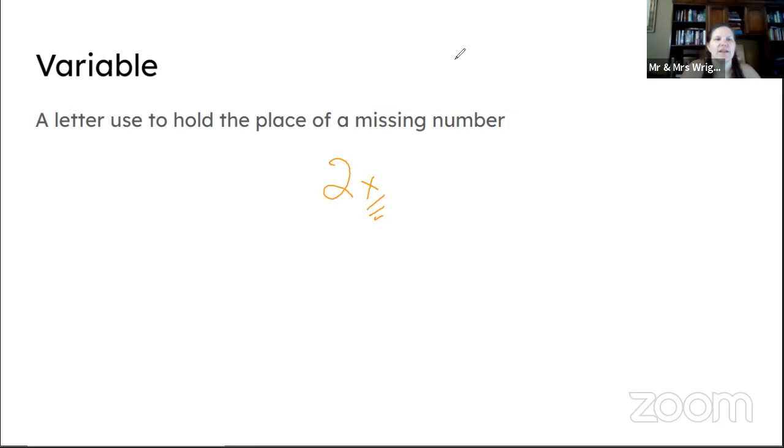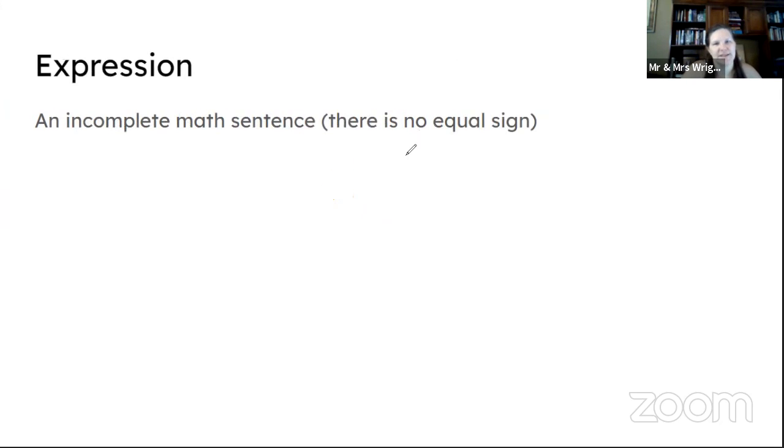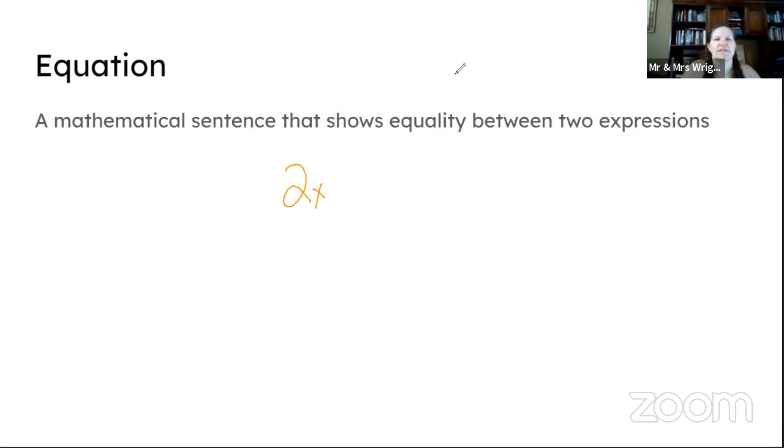Expression. It's an incomplete math sentence, meaning there's no equal sign. So when I was writing 2x before, that's a type of expression. Now, if I were to go on and say 2x equals 7, then this is now an equation because it has an equal sign.